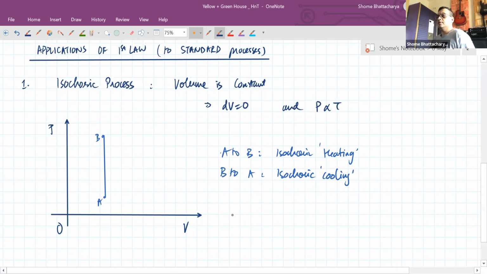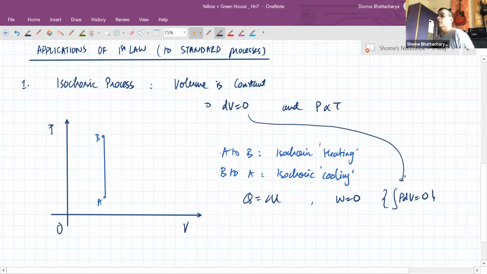For the isochoric process, you have Q is equal to delta U because W becomes zero. W becomes zero because integration PdV is zero because your volume is constant, right? So Q is equal to delta U is equal to NCV delta T. So from this we get the formula that CV is F by 2R.